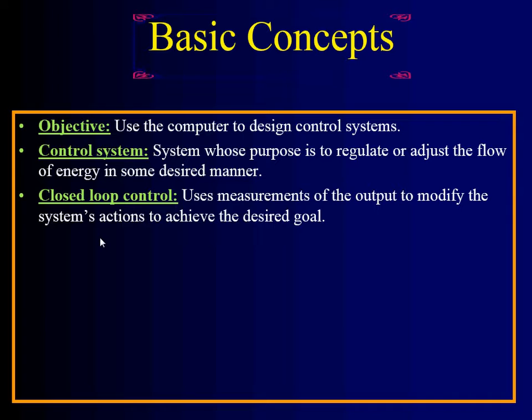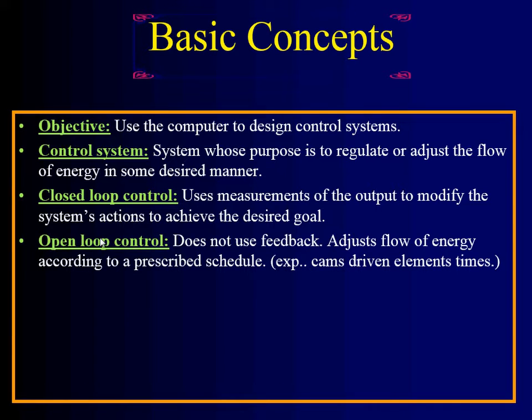The open loop control system does not use feedback. It adjusts the flow of energy on a schedule. For example, a typical control system: Christmas lights. They turn on at 7 in the evening and turn off whenever you set up that timer. The irrigation systems, watering your lawn, have a little clock where you set up how long the water will be on.